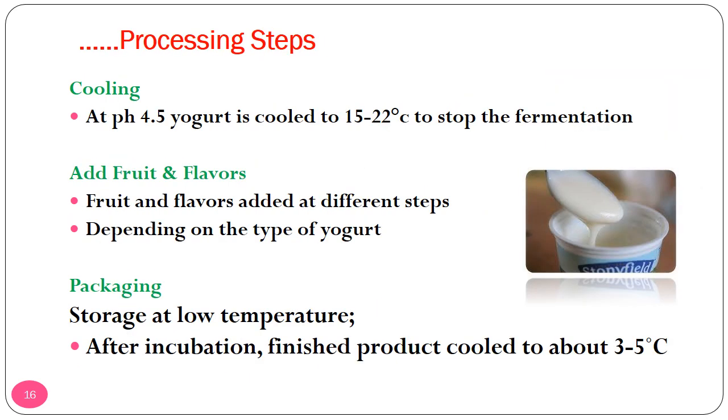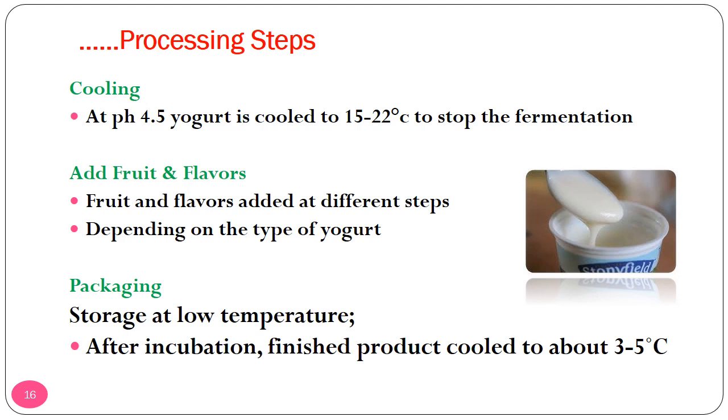Now after the fermentation period is over, when the desired pH is achieved around 4.5, the yogurt should be cooled down to around 15 to 20 degrees Celsius to stop further fermentation. Now at this stage, different fruits and flavors can be added as per the plan of different kind of yogurt to be prepared. So fruits and flavors are added at different steps depending on the type of yogurt.